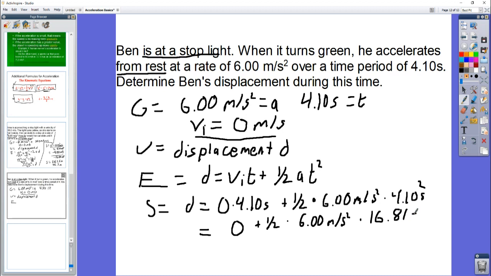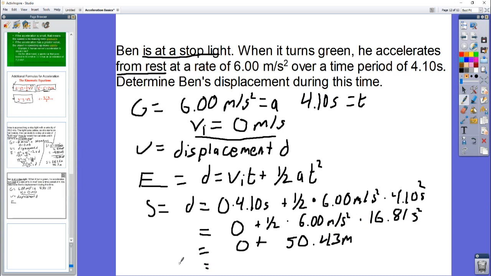All right, so then we multiply these guys out. So 6 times 16.81. That is, calculator, so 0 plus 6 times 16.81 times 1/2, 50.43 meters, because the seconds squared cancel out the seconds squared.